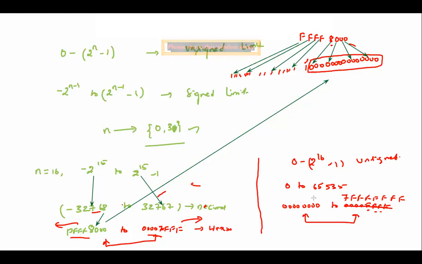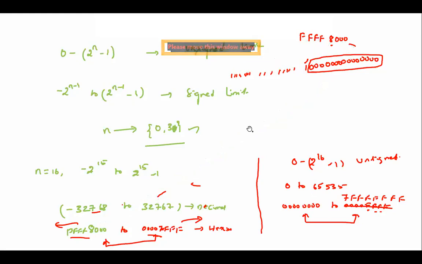First take the decimal format, 65535, and then do a conversion. You are going to get all FFFFF. So we will look into that also.